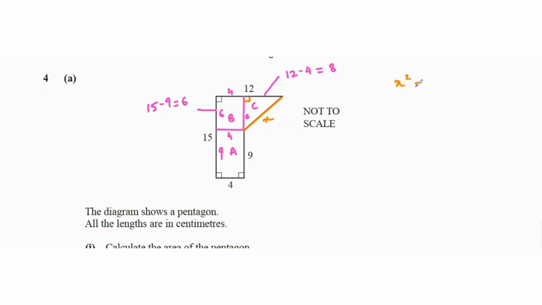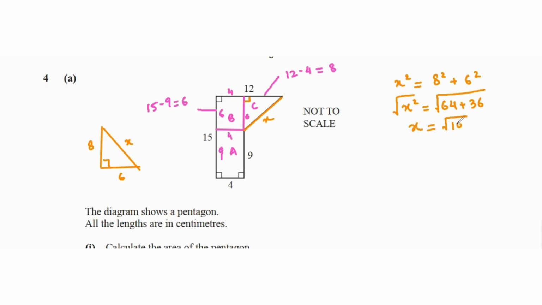So x square is going to equal 8 square plus 6 square. Because the triangle we're looking at is basically this. This is x, this is 8, and this is 6. So that's going to be 64 plus 36, square root both sides, and x would equal square root of 100, which is 10 centimeters.